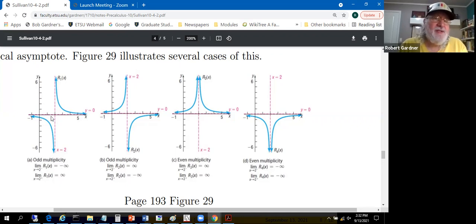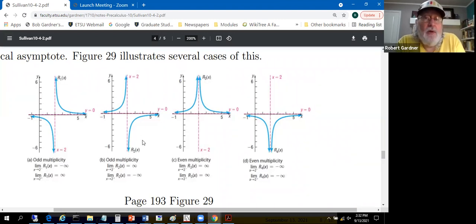But when we go from one side of 2 to the other side, the function outputs different signed values. So if it's going downward on one side with negative output values, it must be going upward on the other side with positive output values. Either that or it's going upward on one side and downward on the other side. They reverse the roles, the left and right.